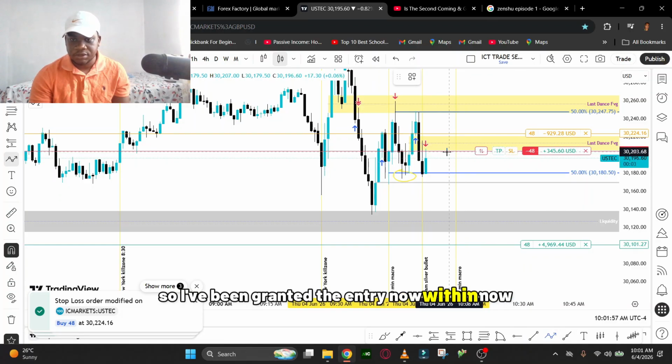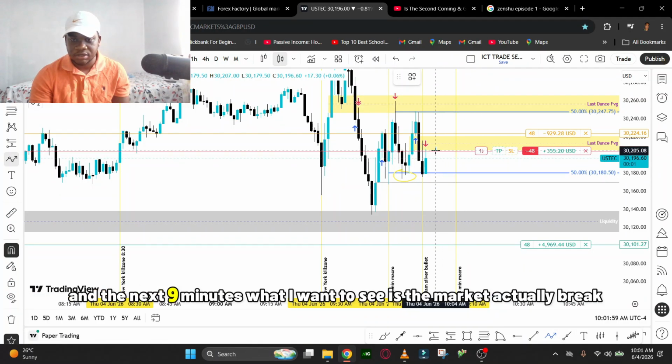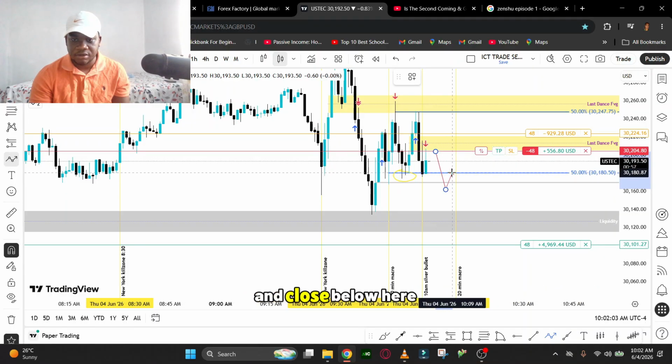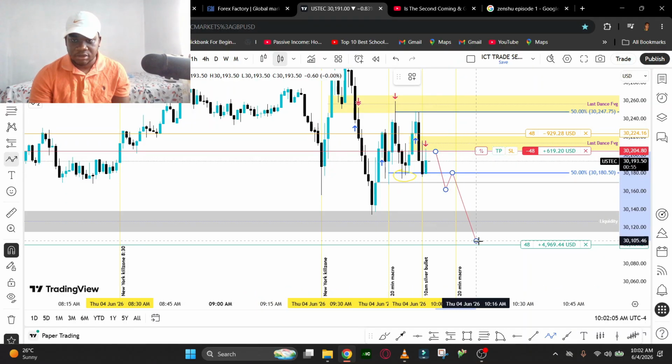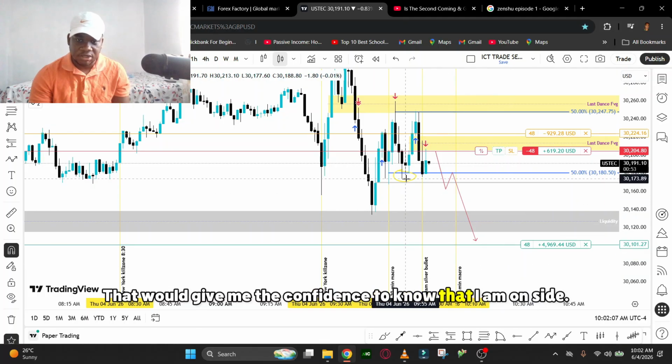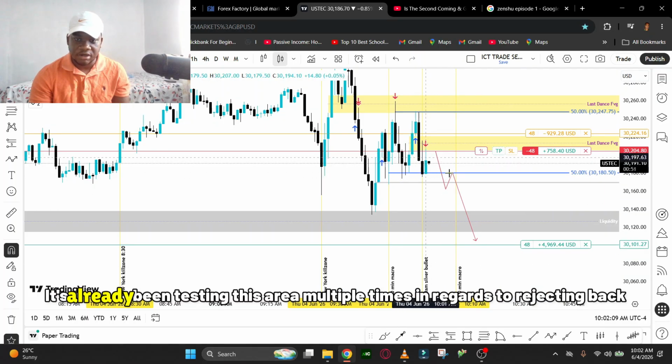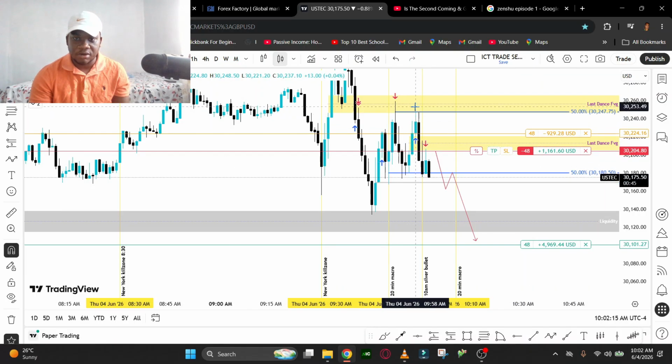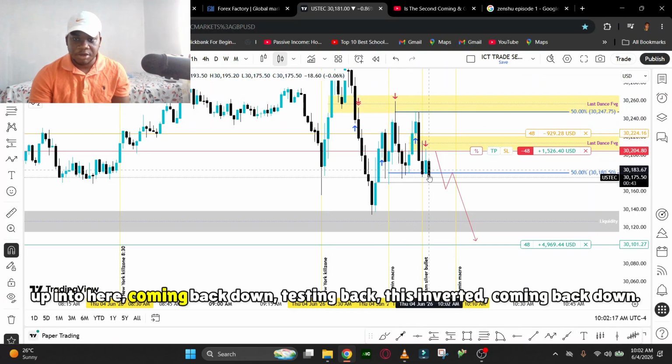Now, within now and the next 9 minutes, what I want to see is the market actually break and close below here. That would give me the confidence to know that I am on side. It's already been testing this area multiple times, rejecting back up into here, coming back down, testing back this inverted, coming back down.